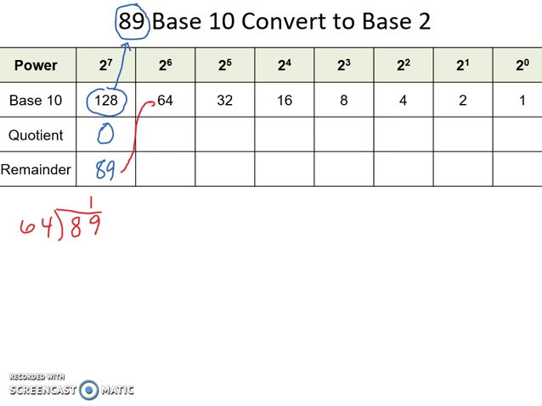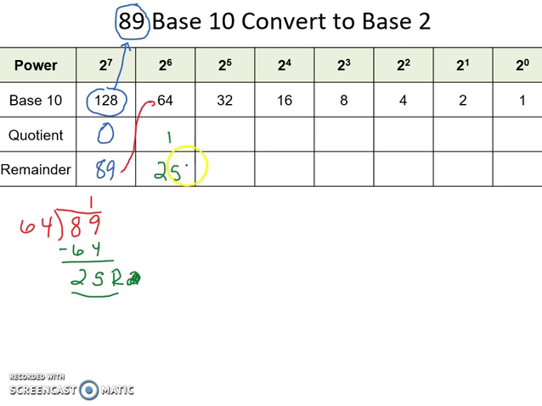Any of our powers, you're never going to go in more than your base. So 64 goes into 89 once, and we do the subtraction: 89 minus 64 is 25. So our quotient is 1, our remainder is 25.